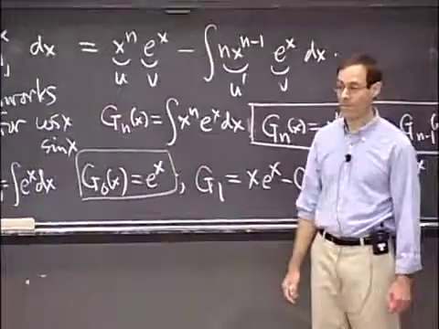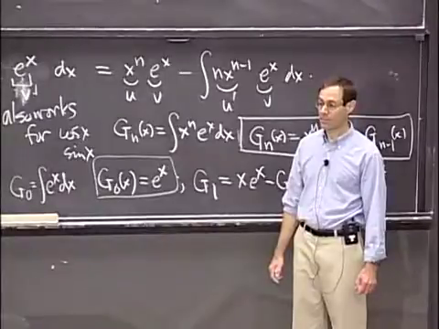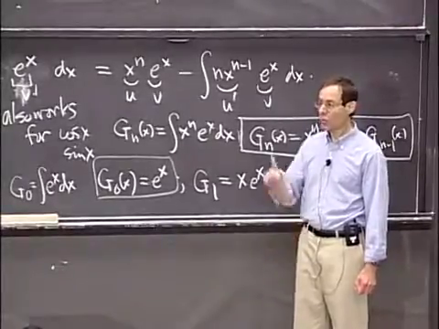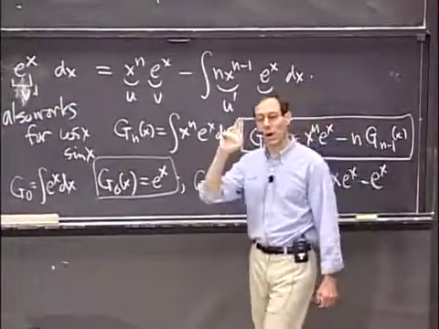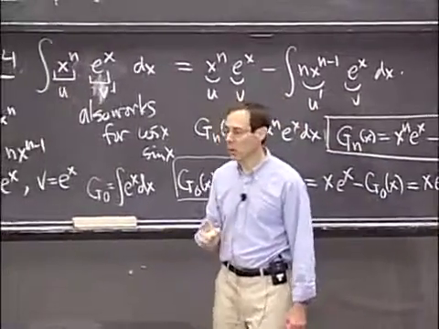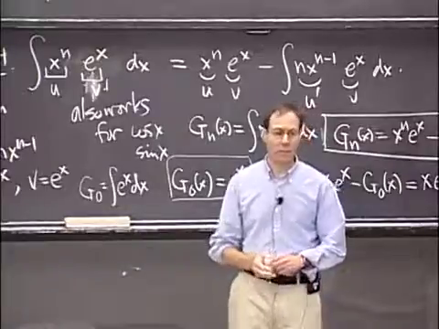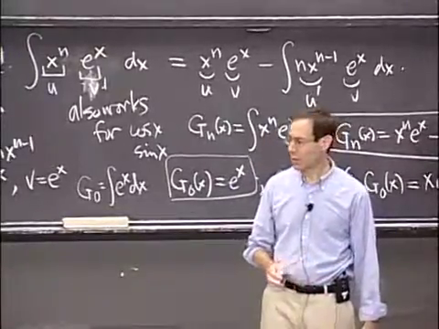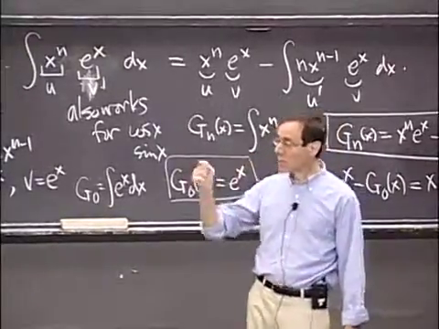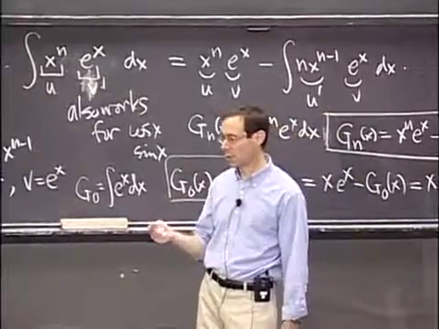Yeah? How do you know when this method will work? Good question. So let me just repeat that question. How do you know when this method will work? The answer is only by experience. You must get practice doing this. If you look in your textbook, you'll see some hints as to what to do.